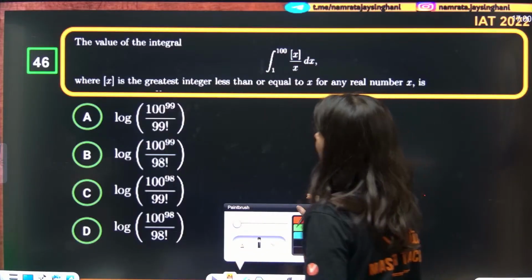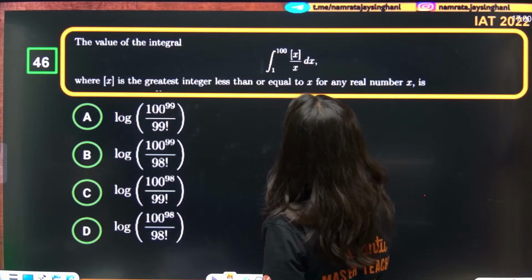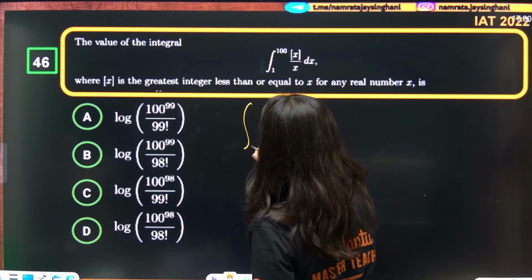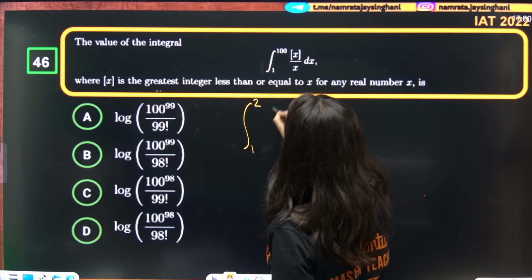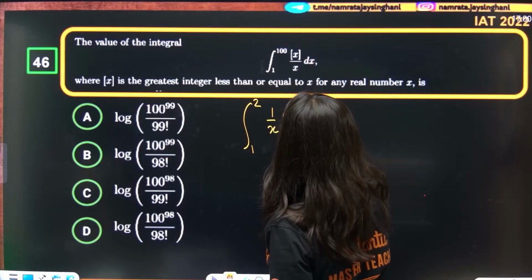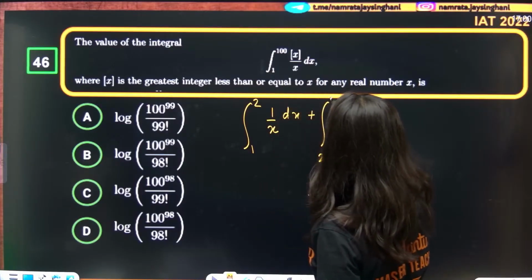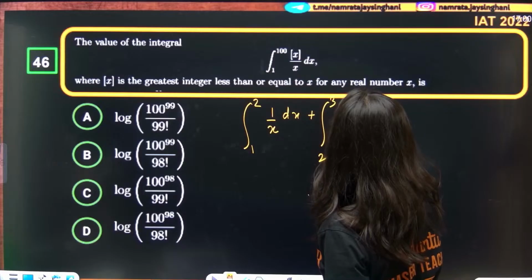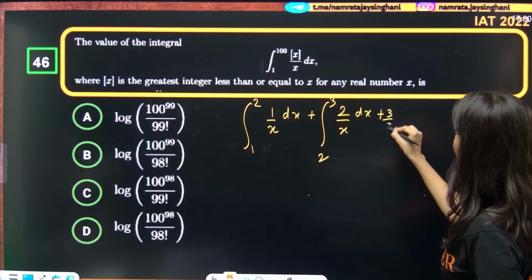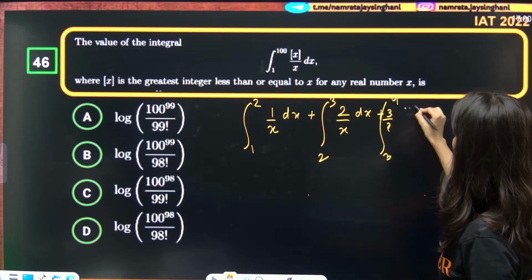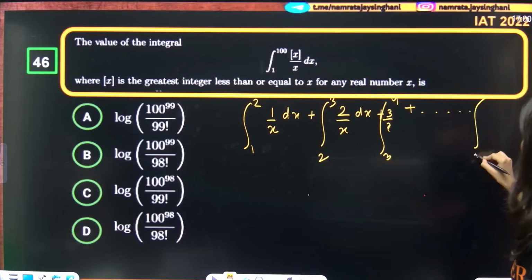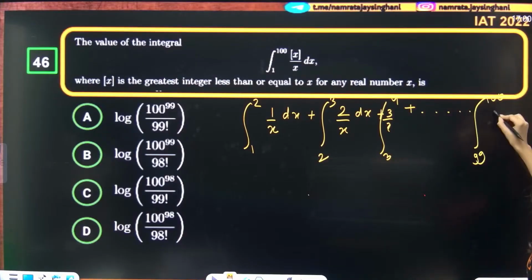Next question. The value of the integral. So we are talking about this integral. From 1 to 2, this is 1/x. Plus from 2 to 3, this is 2/x. Plus from 3 to 4, this is 3/x, and the last one goes up to 99 by x dx.